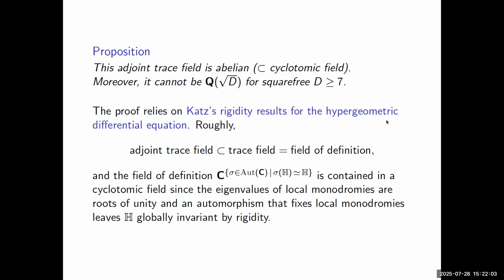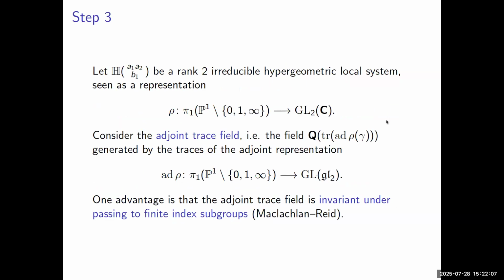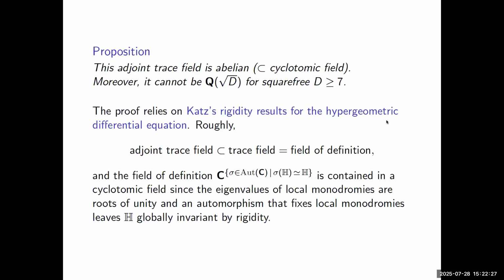Okay. So because of the assumption that these alphas and betas, they became a and b, are rational numbers, you can compute the local monodromies of the hypergeometric differential equation, and they will be roots of unity, expressed as exponentials of 2 pi i a_1, for example, this will be one monodromy. So they are roots of unity.